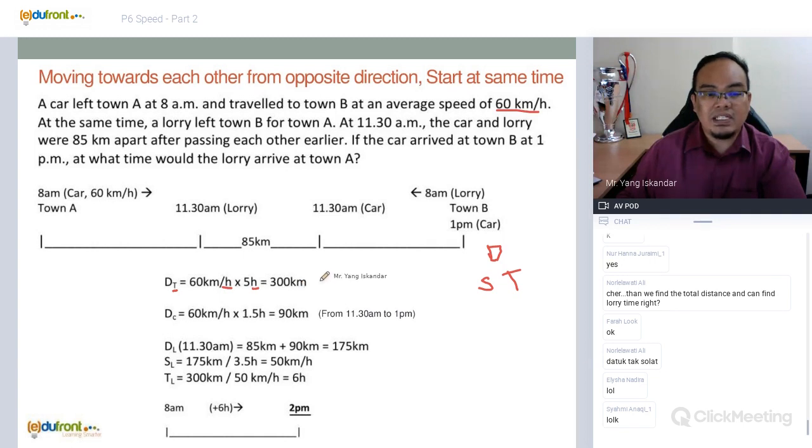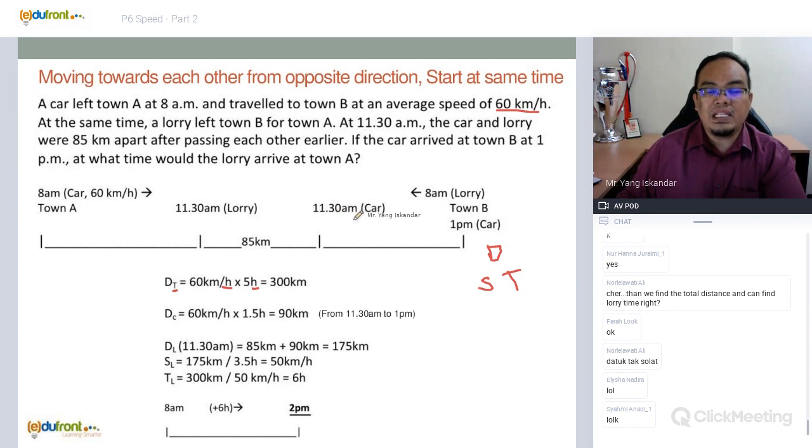All right, so this is the first additional clue given to you. Next, now you know the distance is 300 kilometers. Let's calculate the distance traveled by the car from 11:30 a.m. to 1 p.m. So we know the car traveled from town A to this point, and then the lorry here, right?